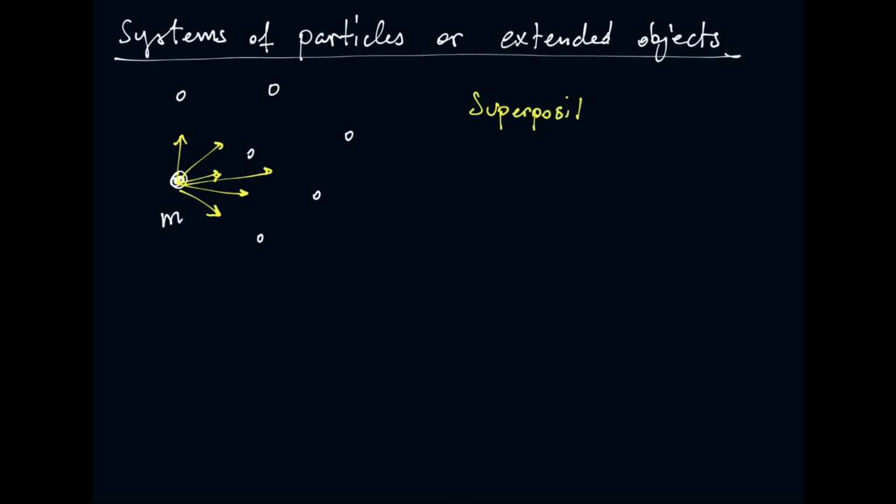Superposition says that the total gravitational force experienced by m is the vector sum, denoted by this symbol, over all the masses surrounding it, of G times the mass that I'm talking about, the i-th mass, over the distance to the mass i, squared.